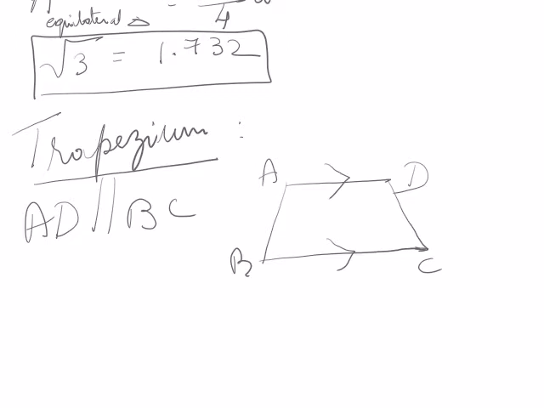Now, in this trapezium, if you draw a perpendicular, that will be the height. Say AE is a perpendicular drawn from A on BC.